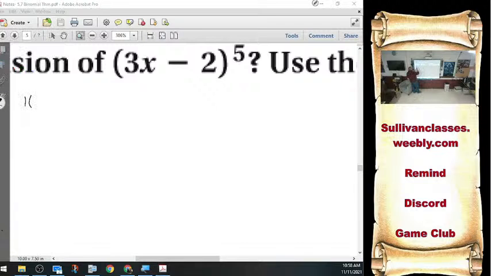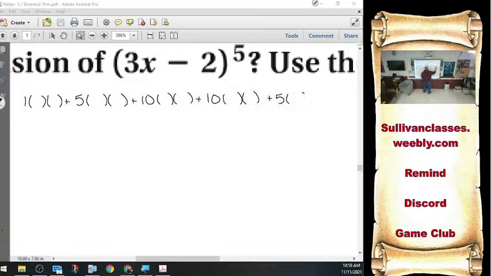We'll say 1, parenthesis, parenthesis, 5, butt cheek, 10, butt cheek, 10, butt cheek, 5, 1. I always start with really big spacing at the beginning, and then about halfway through the board, I'm like, oh crap.